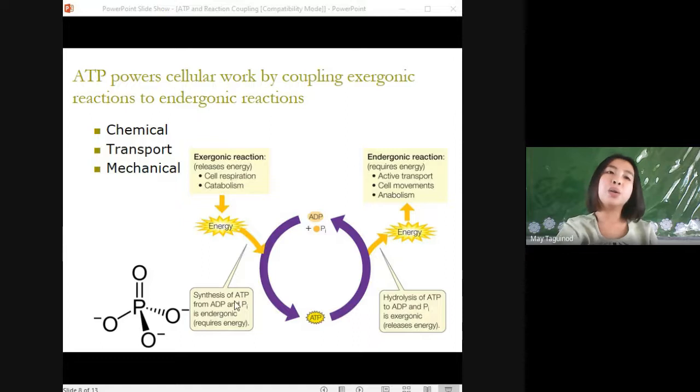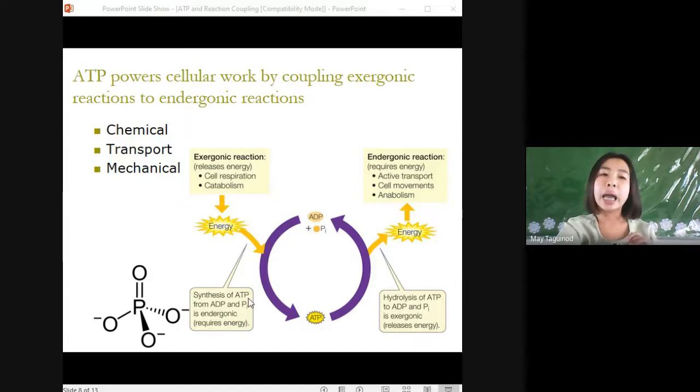Going back to exergonic and endergonic reactions. The synthesis of ATP from ADP and inorganic phosphate is endergonic, meaning it requires energy.